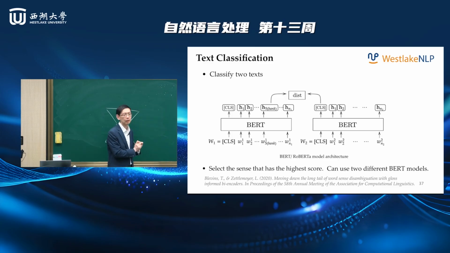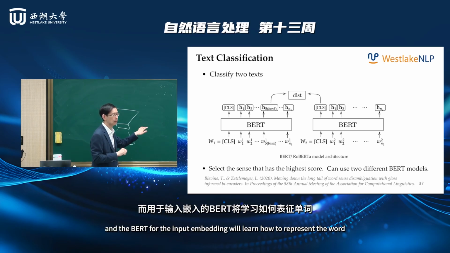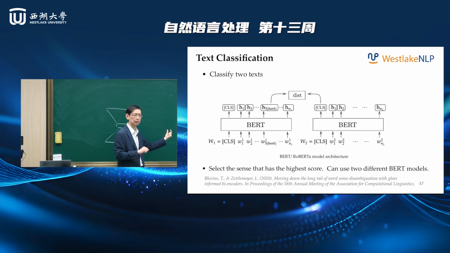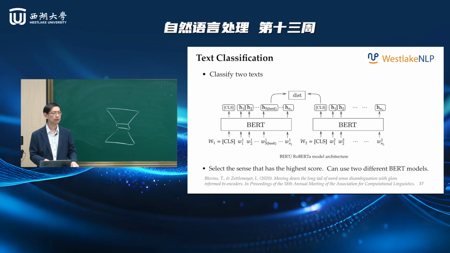When you do this, the BERT for the sense encoding will learn how to represent the senses, and the BERT for the input embedding will learn how to represent the word. It turns out that they can do the word sense disambiguation quite efficiently.